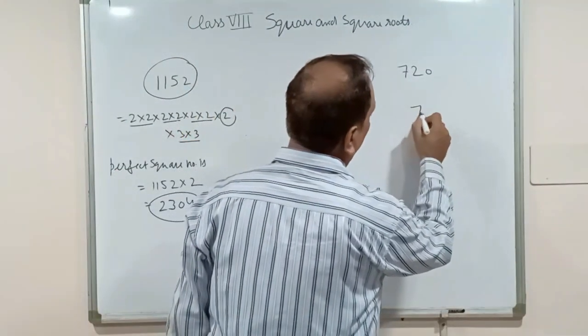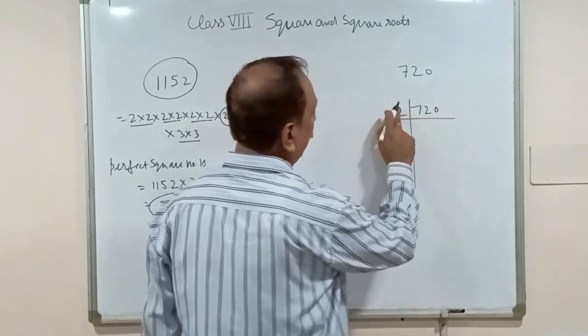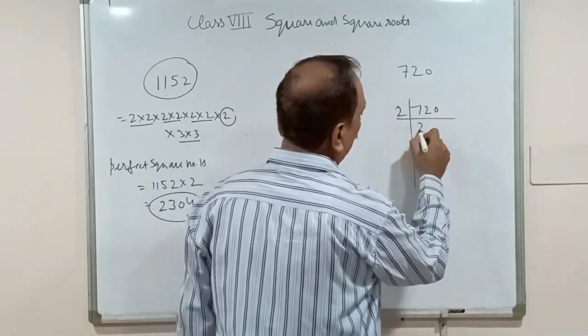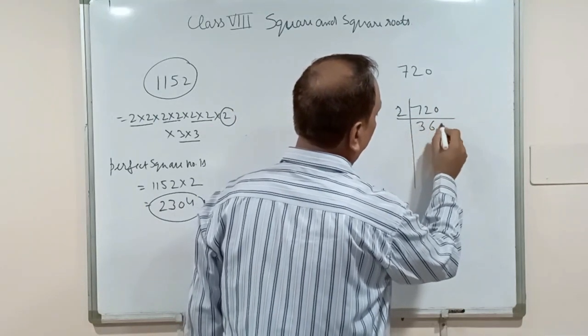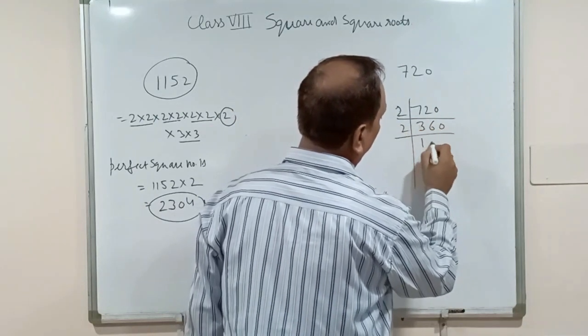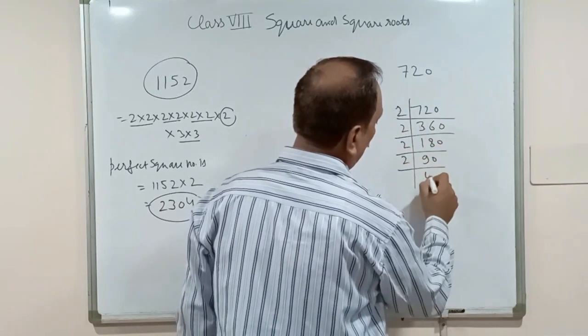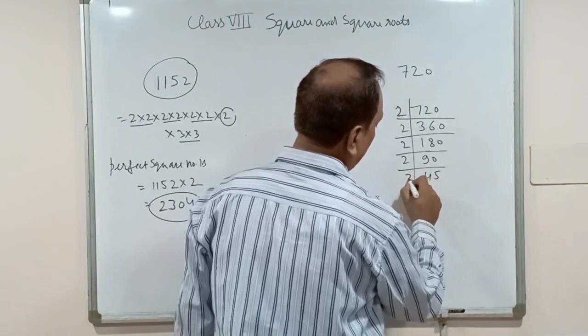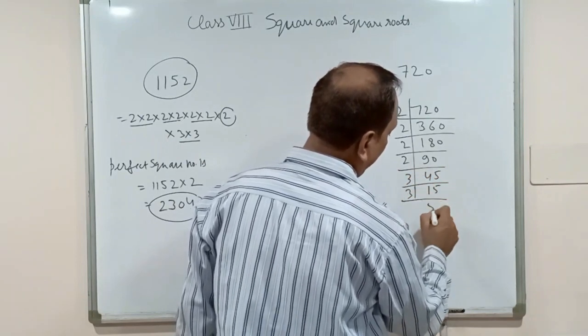First we factorize 720. 2, 2, 2, 2, 45, 3, 15, 3.